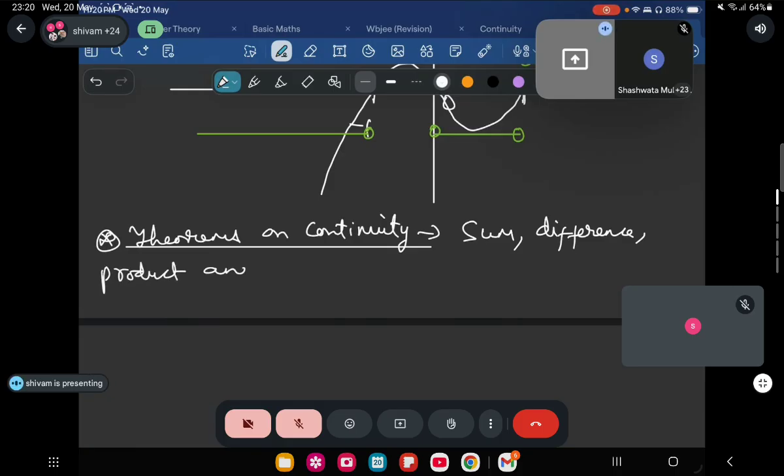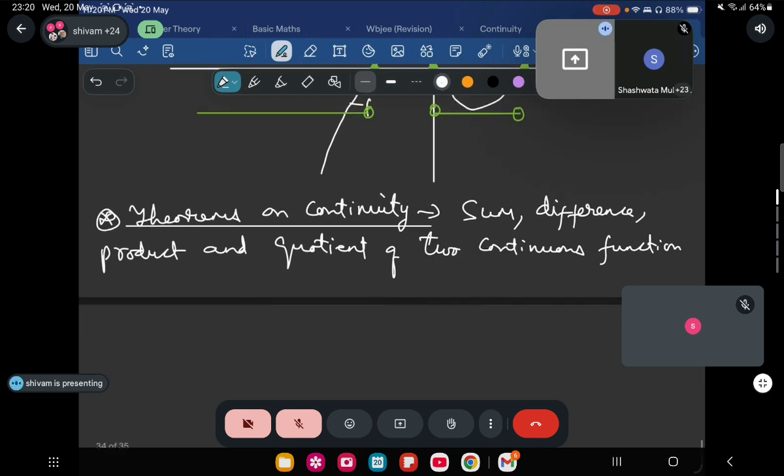Sum, difference, product, and quotient of two continuous functions is always continuous.